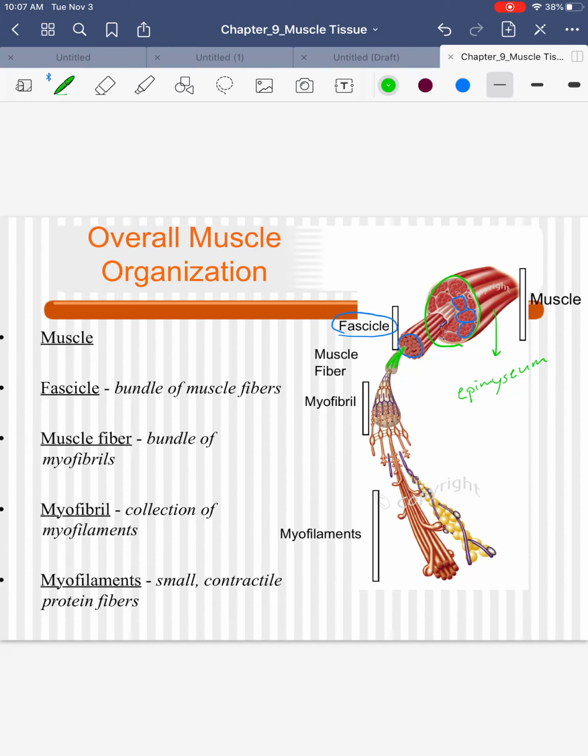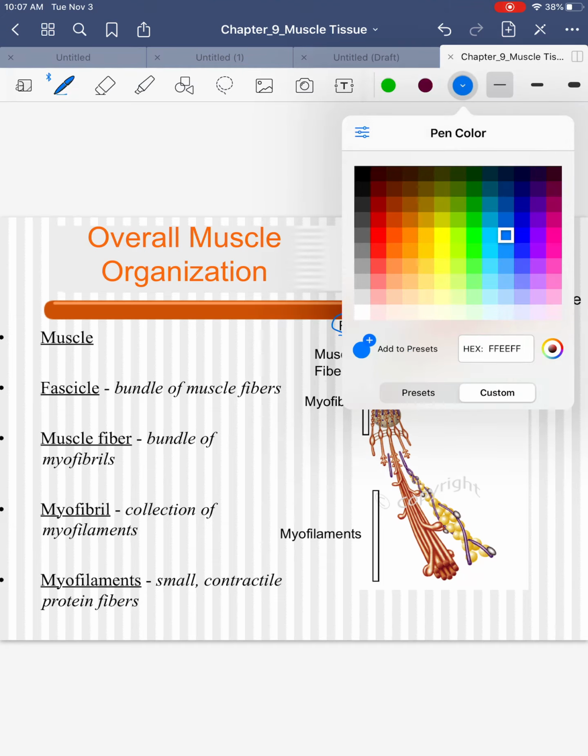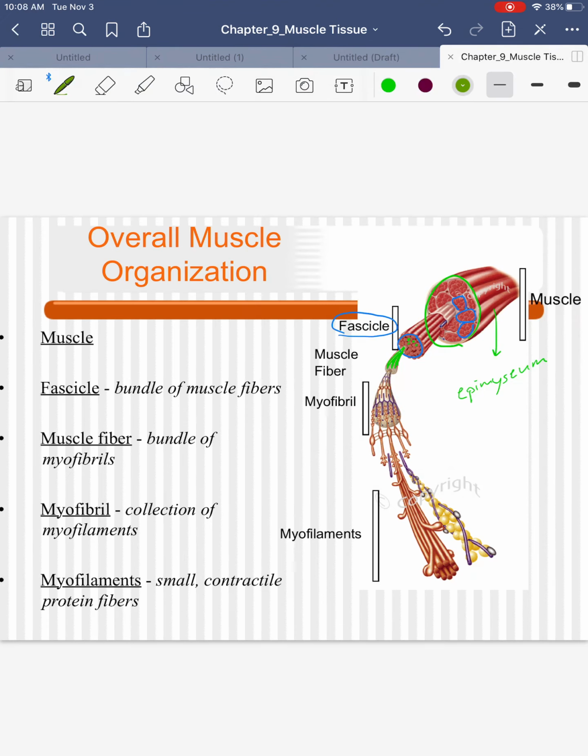So even in the fascicle, we can see there's one muscle fiber, there's another, there's another. So we have the whole muscle made up of these circular groupings called fascicles. Each fascicle is made up of a bunch of muscle fibers. If we go even smaller, we see that each muscle fiber is made up of a bunch of myofibrils.